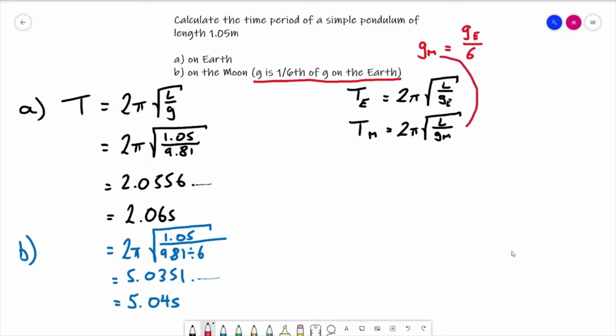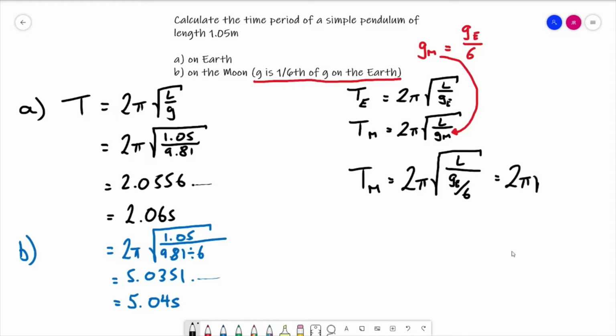If we substitute that now in for g on the Moon, what we end up with is time period on the Moon is equal to 2 pi root L over g on the Earth divided by 6. Now we've got divided by, that's going to end up on the top, so that's 2 pi root of 6L over g on the Earth.